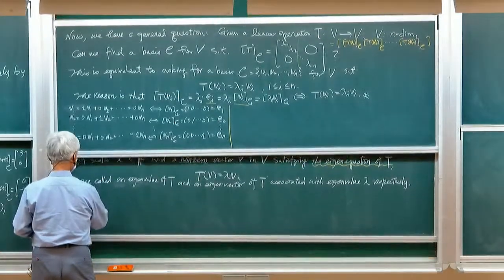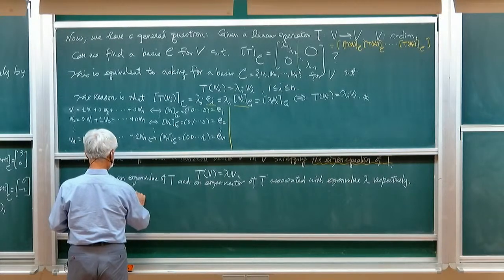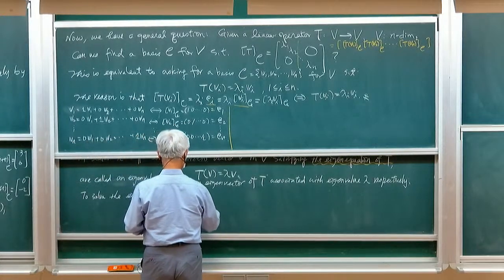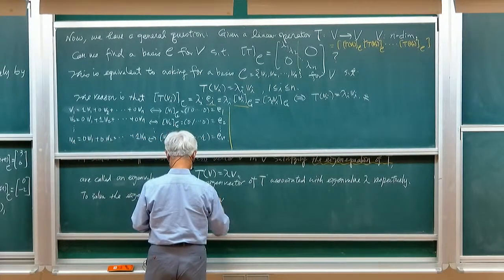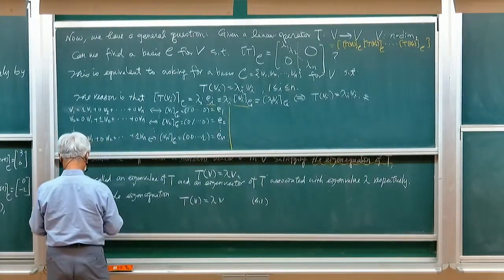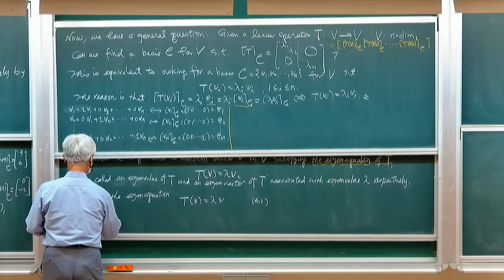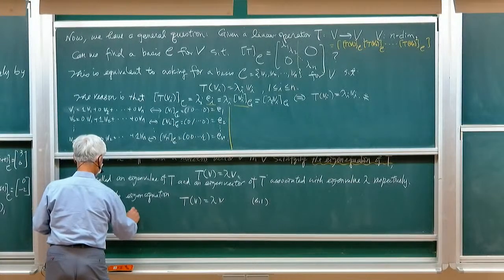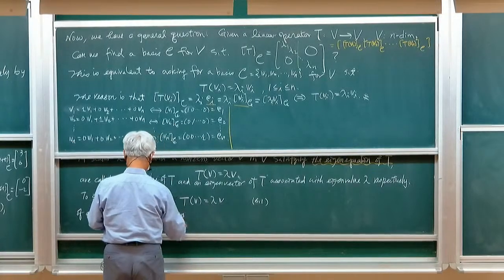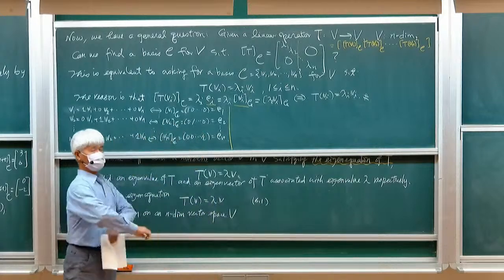Now, to solve the Eigen equation, we call this 6.1, of a linear operator on an n-dimensional vector space.